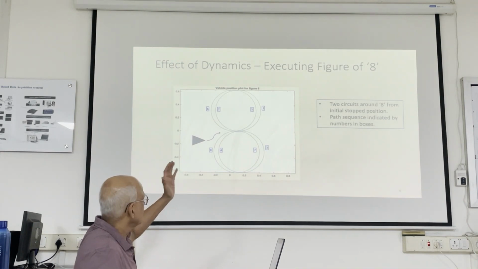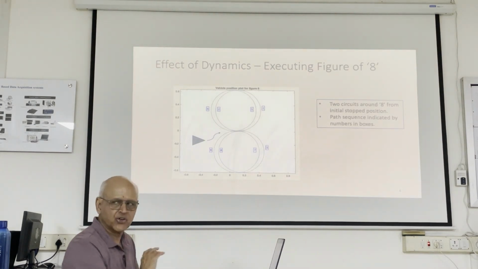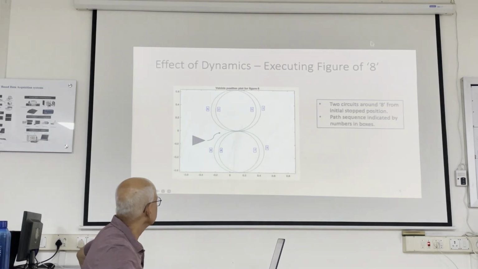So what you see here is a figure of 8. The Pioneer is doing 2 figures of 8. The Pioneer, remember that vehicle I showed you in the first slide? It's doing 2 figures of 8. And it's actually starting right here. So this is the robot, that's the front of the robot, right? The 2 drive wheels are here. It's starting here.